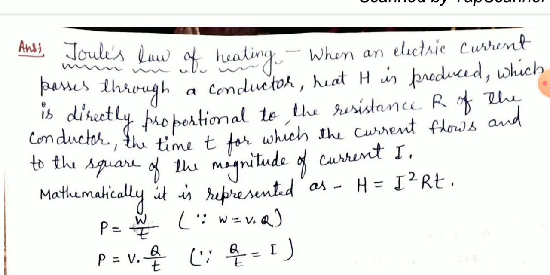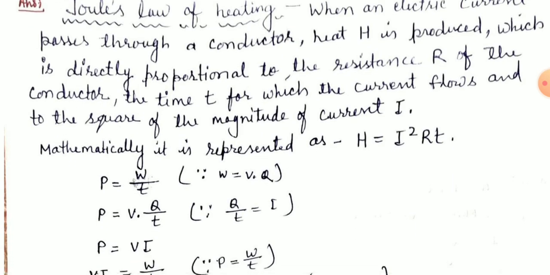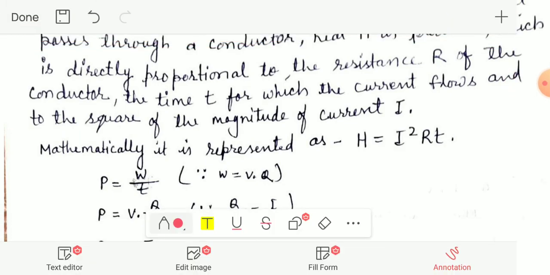When an electric current passes through a conductor, heat H is produced, which is directly proportional to the resistance R of the conductor, the time t for which the current flows, and to the square of the magnitude of current I. Mathematical representation or formula is H equals I square R T. This is the mathematically represented Joule's law.